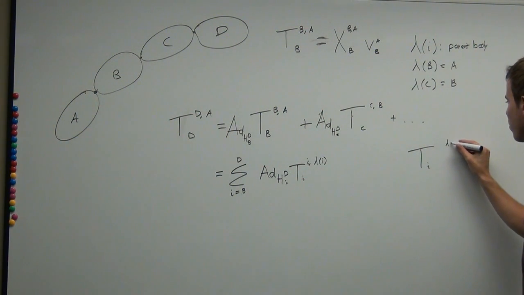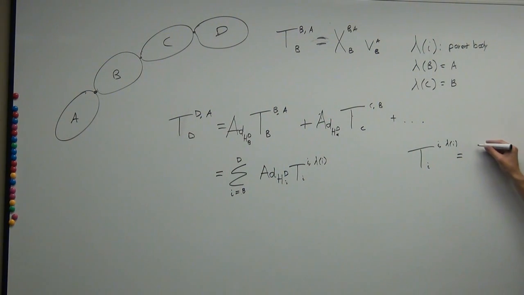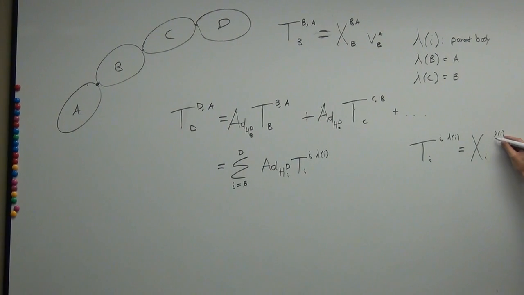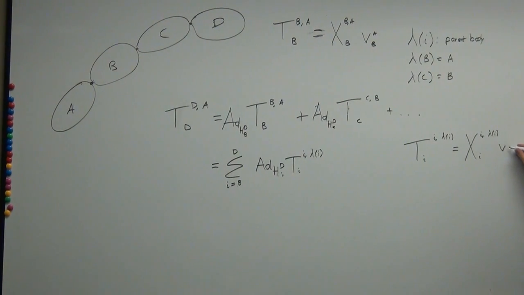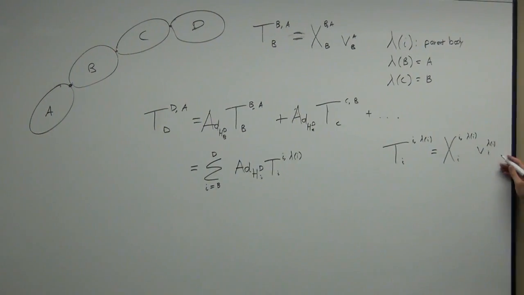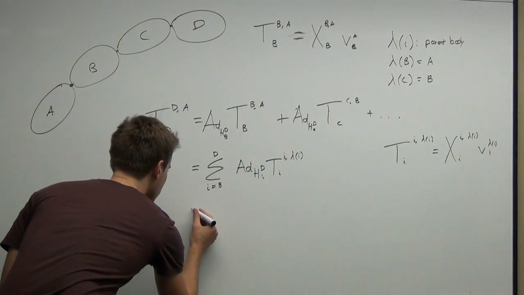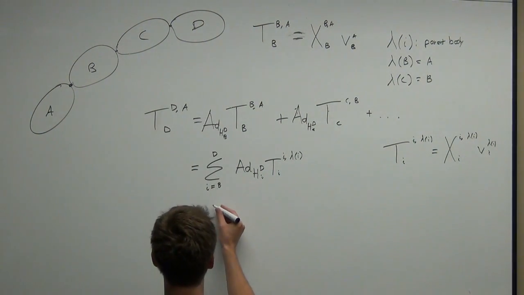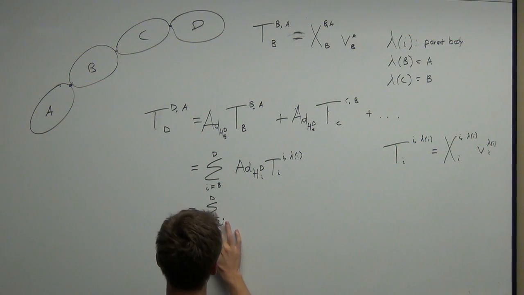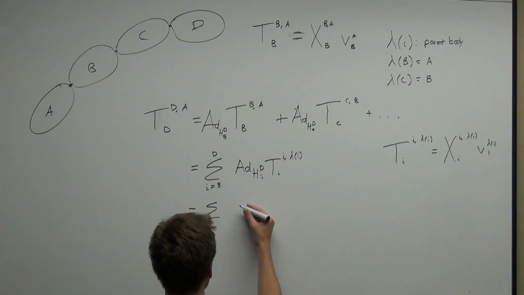The twist of I with respect to lambda of I, equals X, I lambda of I, expressed in frame I, times V, I lambda of I. So let's put that in there. Equals the sum, I equals B to D. So let's just sum over all of the joints, basically, if you have some kind of indexing.